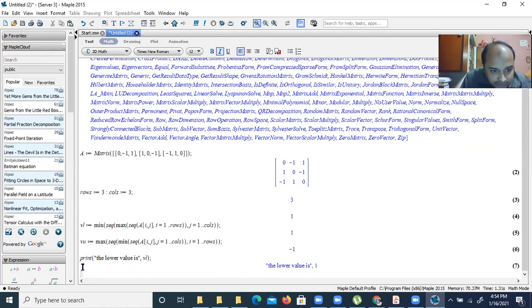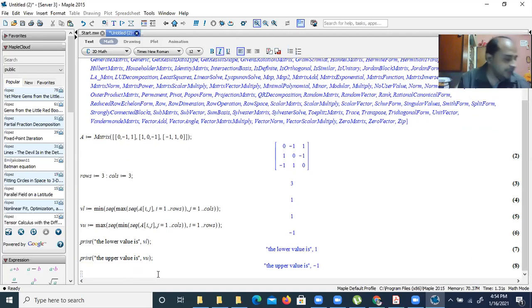Print the upper value is V upper. Okay, -1. And is anything left? No, this much. So lower value and upper value have been obtained. And we already know that this lower value and upper value are not the same. Have you seen it? Yes, sir.